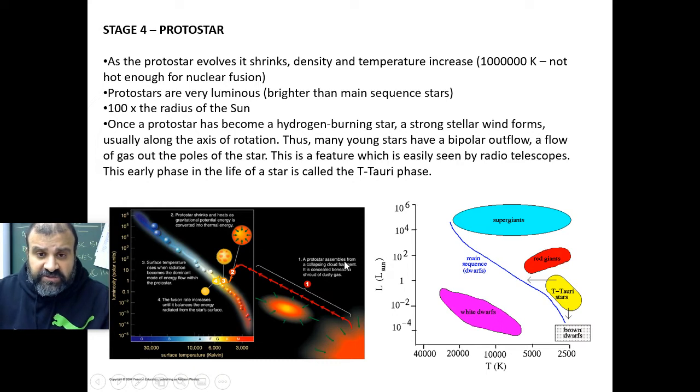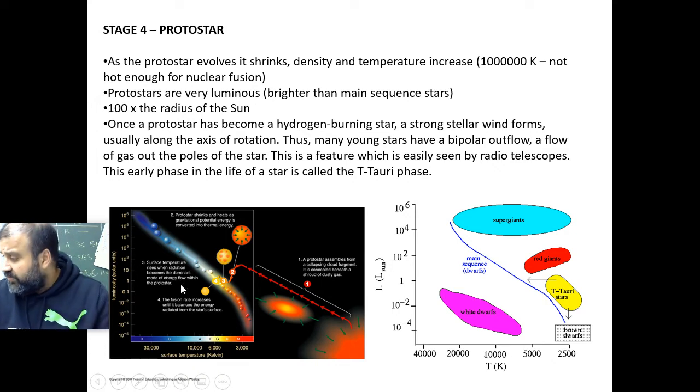So we have the protostar assembles from a collapsing cloud fragment and is concealed behind a shroud of dusty gas. The protostar shrinks, so gravity's pulling it in. It starts getting hot. So this gravitational energy becomes heat. 3, surface temperatures rise when radiation becomes the dominant mode of energy flow within this protostar.